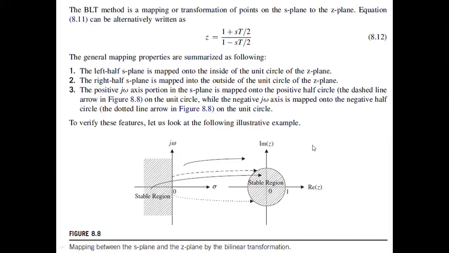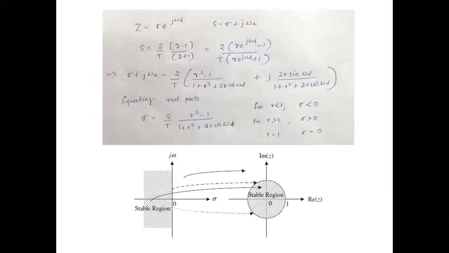Yes. So here, as you can see, we'll make a small change. In the expression, let us substitute Z equal to R e to the power j omega, the digital frequency, and S equal to sigma plus j omega, the analog frequency.